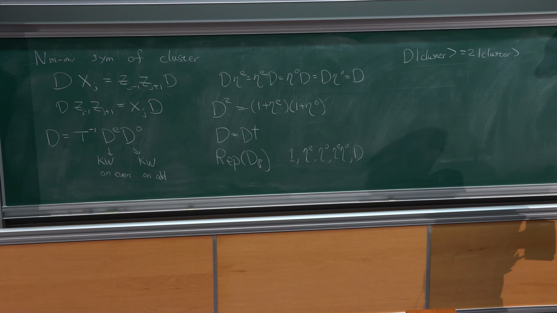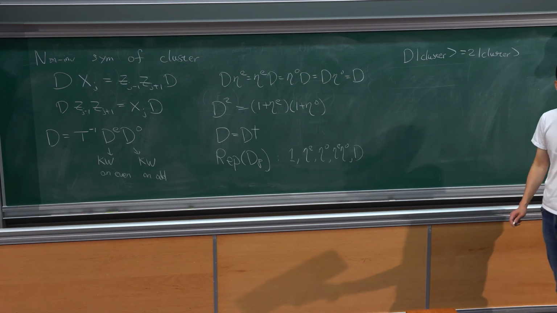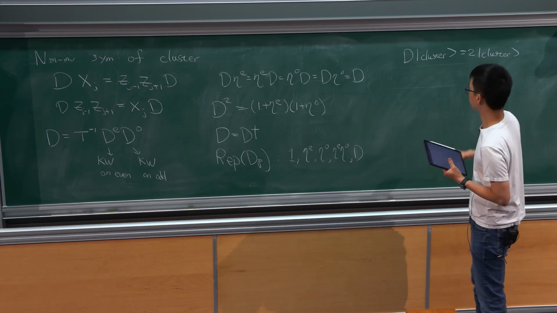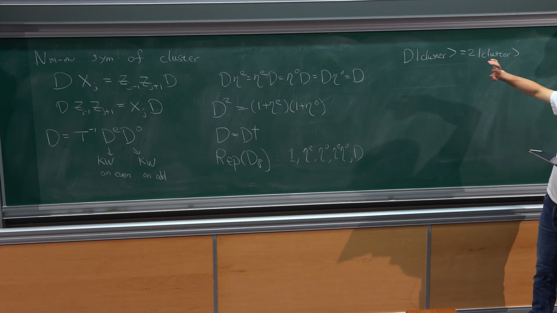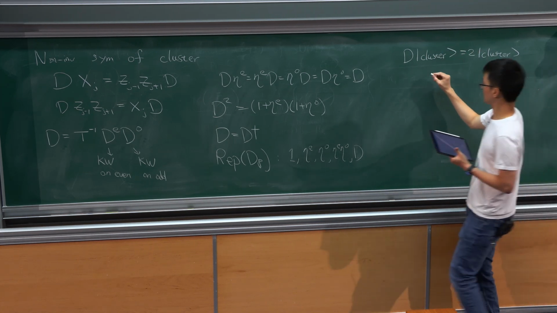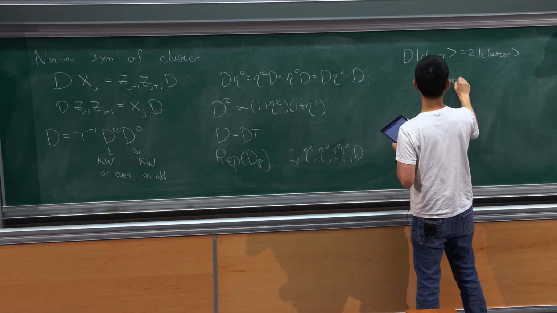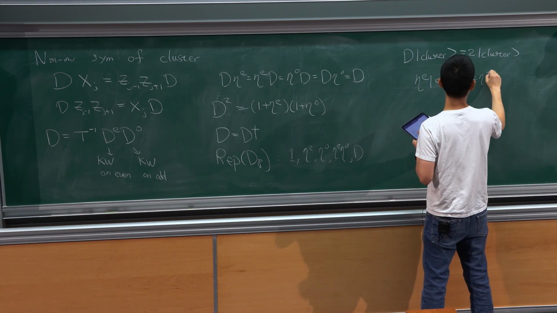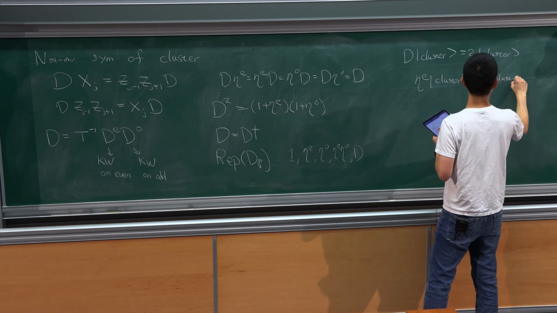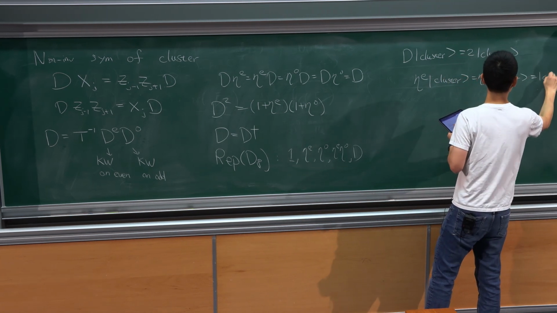Okay. Any other questions? Okay. All right, so what we have just shown is that, first, it's easy to see that eta even acting on the cluster state equals eta odd acting on the cluster state equals the cluster state.